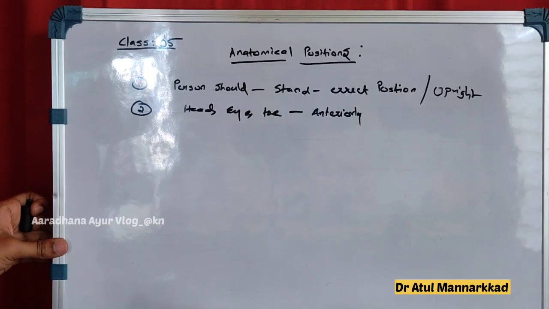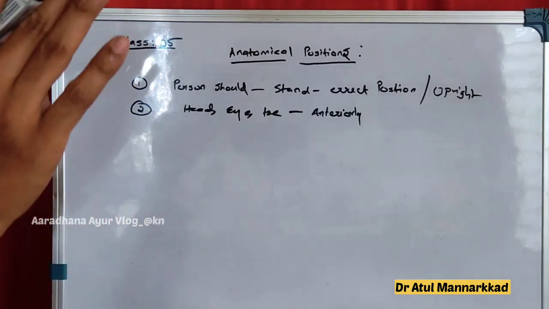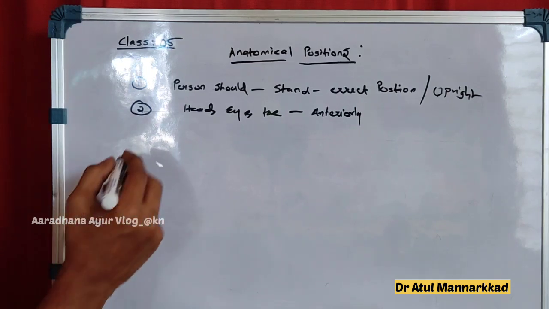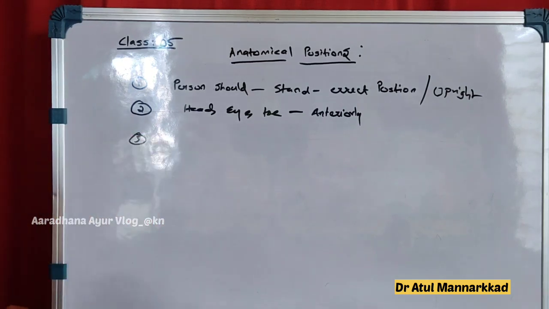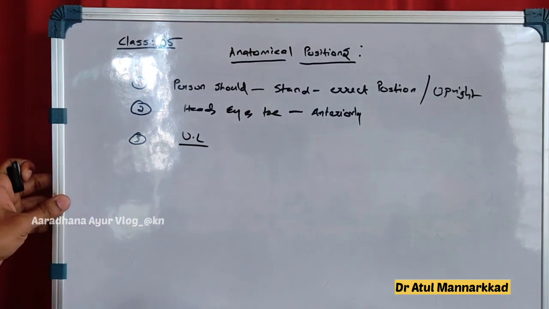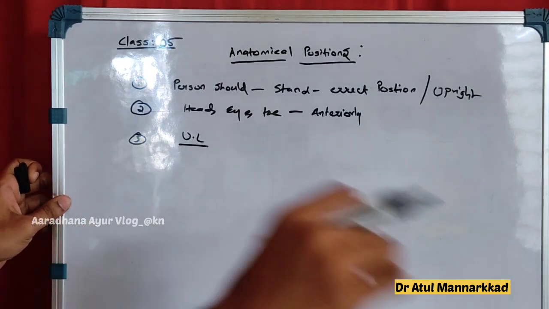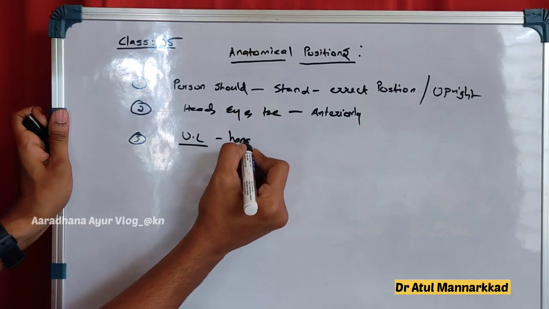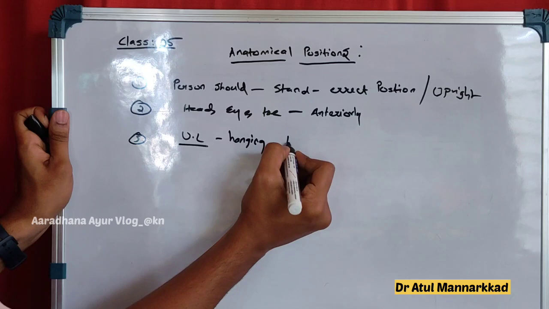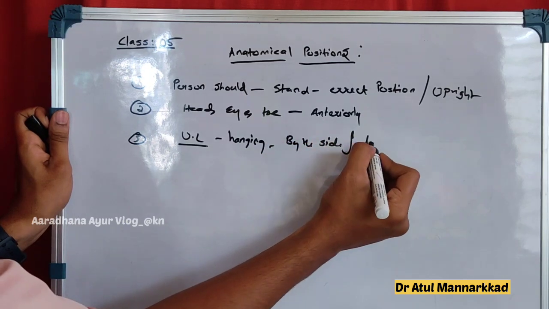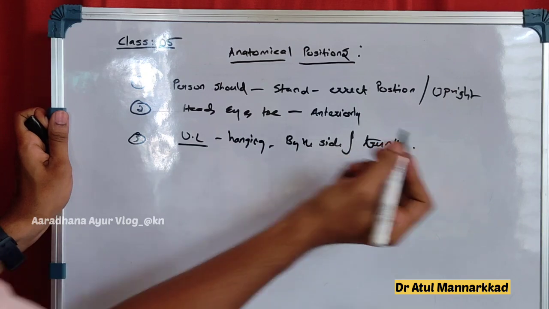Upper limb, that is both the hands, should be hanging by the side of the trunk. Don't write short forms like UL, you can write upper limb. It should be hanging by the side of the trunk.